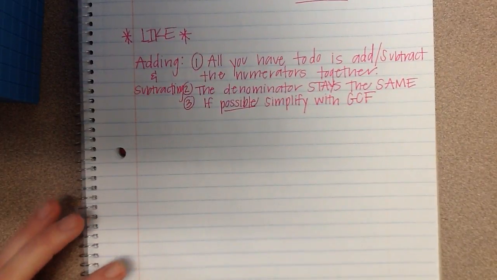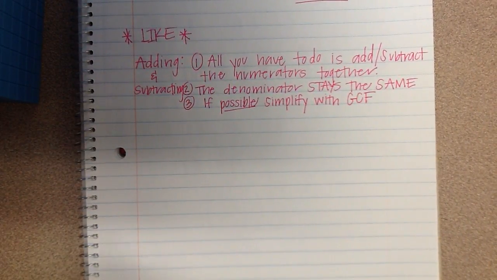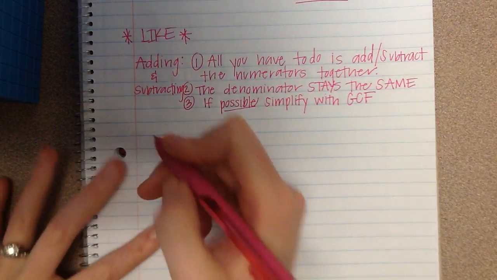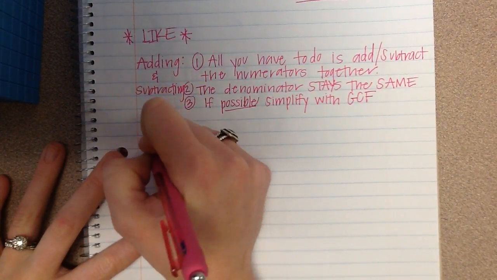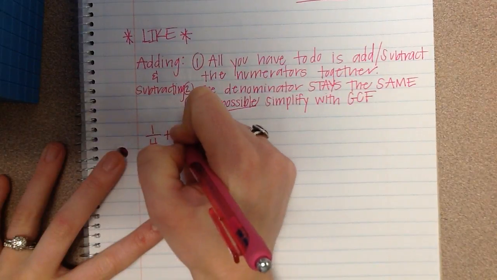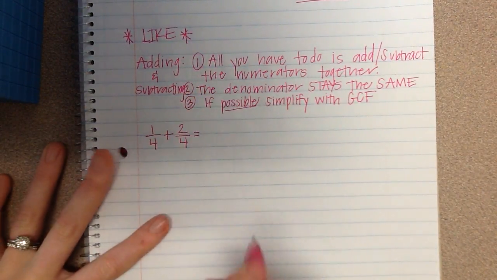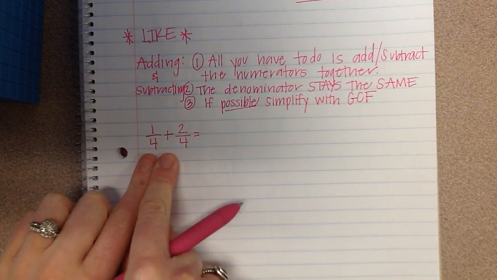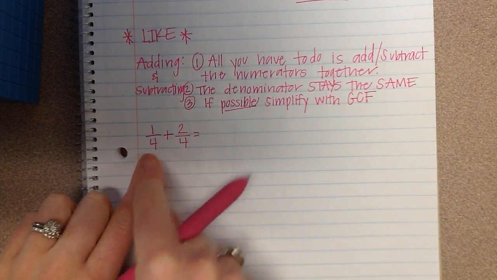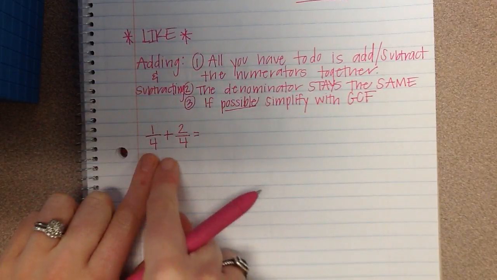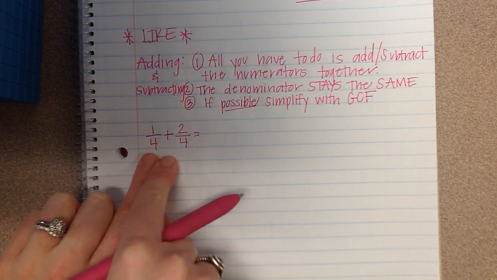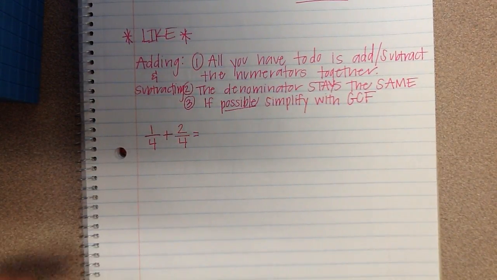Okay, so let me give you an example real quickly. One-fourth plus 2/4. Because the denominators are the same, or alike, it's very easy.